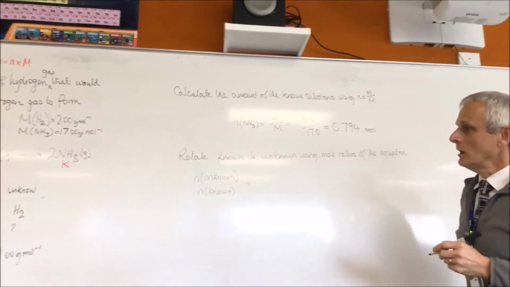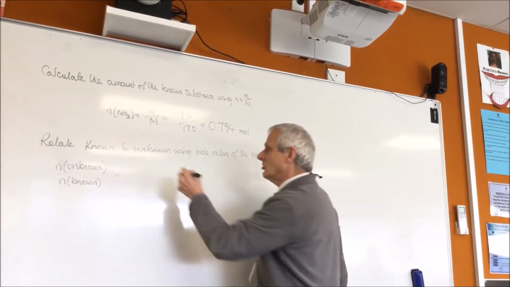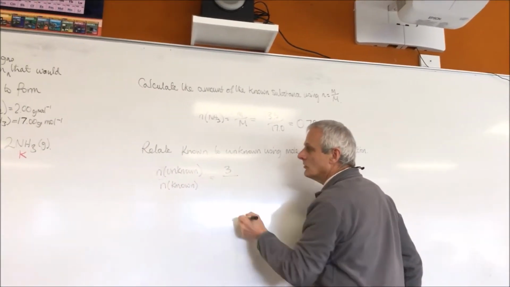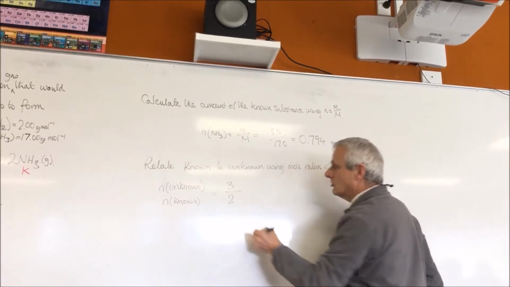Our unknown is hydrogen, which is 3, and we're dividing it by 2 for the known, which is ammonia.